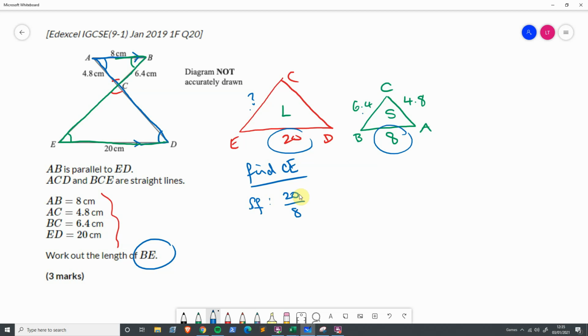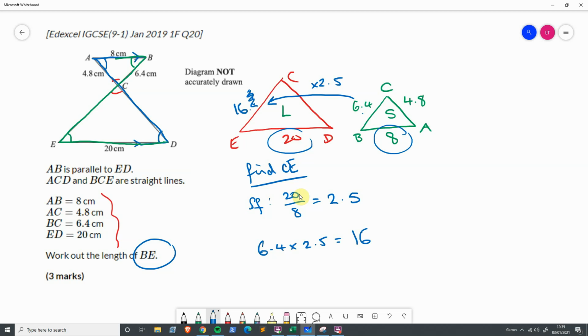That gets me 2.5. So I'm going from my small to my large. So to get from 6.4, which is CB, to this length of CE, I need to times by 2.5. So 6.4 times 2.5. That gets me 16. Nice number. So this length here is 16.